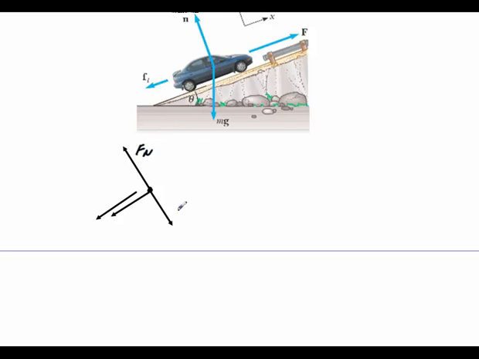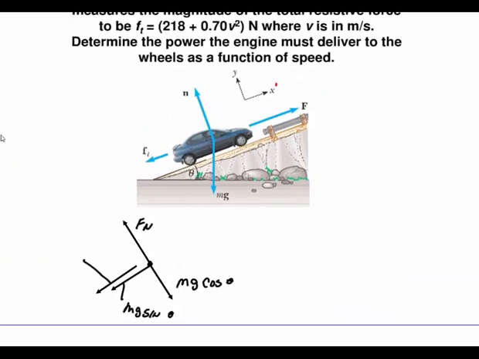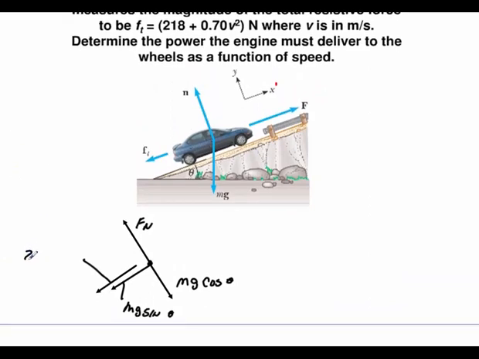Now we know that this value would be mg times the cosine of theta. We would know this value here would be mg times the sine of theta. And now this would be the resistive force. So let me go back and get that, which would be 218 plus 0.70 V squared.